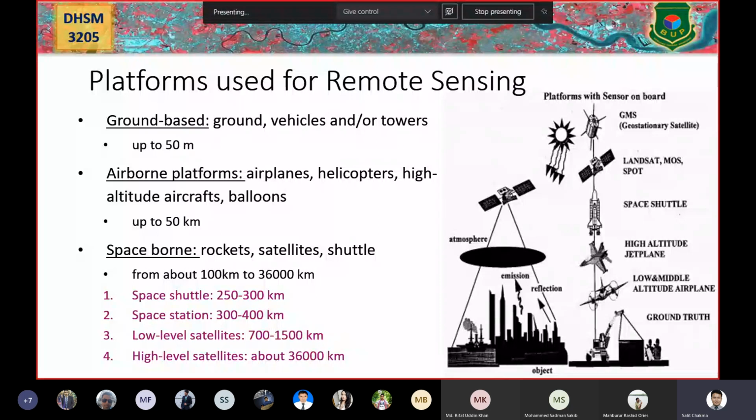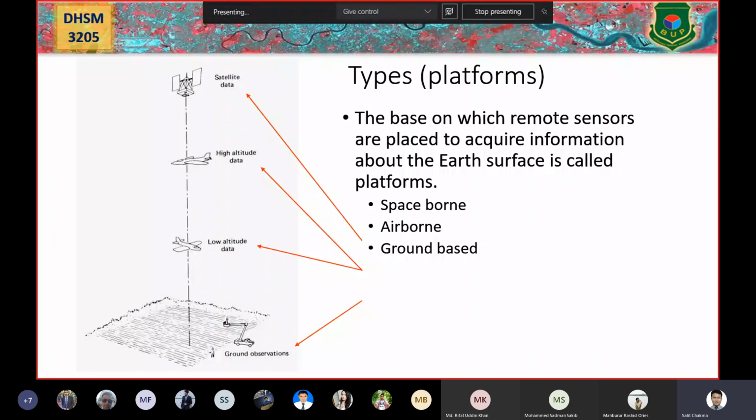So there are ground level sensors, airborne sensors, then spaceborne sensors, and they can be categorized into further categories. Ground-based will be ground-based. Airborne can be low altitude data, high altitude data. And then spaceborne can even be divided based on the orbits that satellites use.